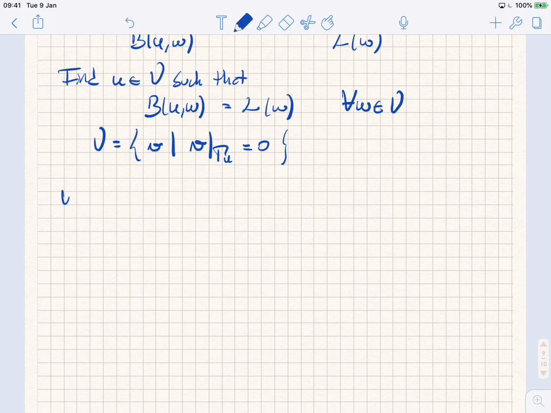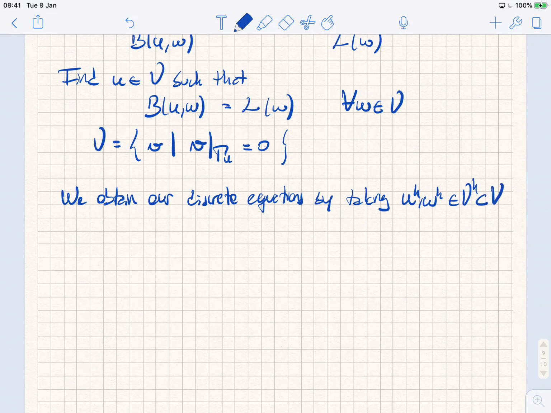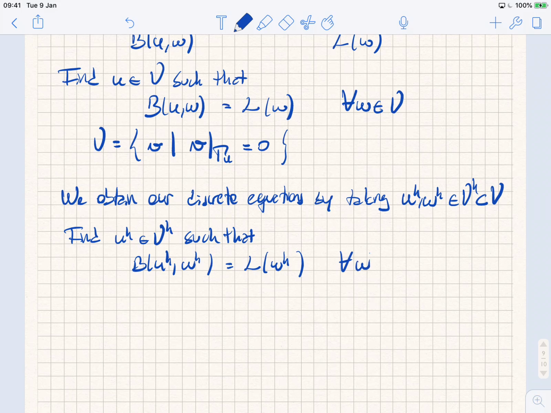We obtain the discrete equations by taking uh and wh from some space that we're going to call Vh, that is a subspace of this V. If you do that, then our problem becomes just like that. And the rest is straightforward.